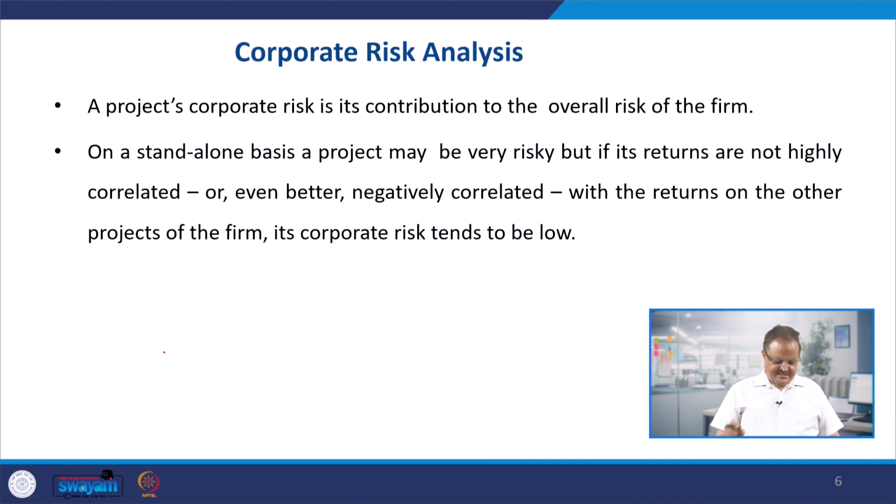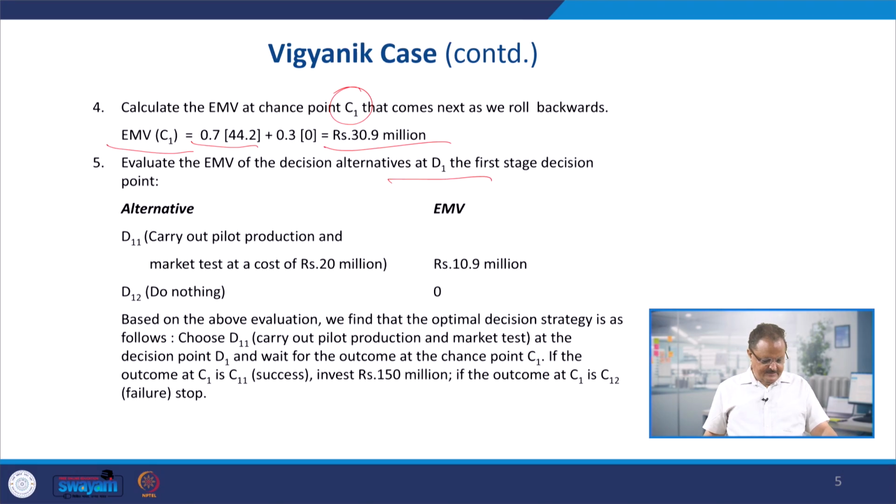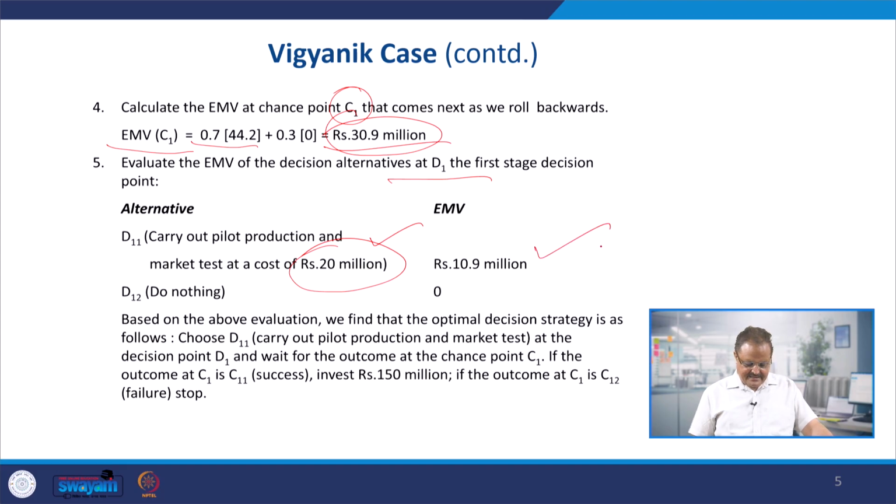So when you move to the extreme left in this evaluation process, D11 says carry out the pilot production and go for the test marketing at a cost of 20 million rupees. The expected monetary value of C1 is 30.9 million, and when we go for the test marketing and spend 20 million, the final expected monetary value of D11 is 10.9 million, which is still a very positive value.